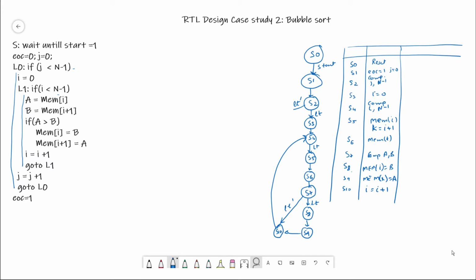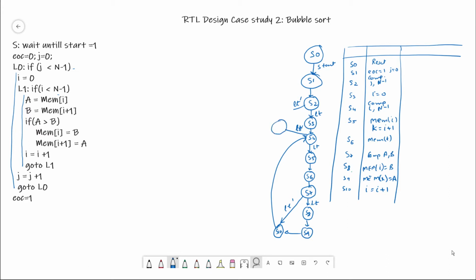Great. So the next thing is S10 to S4. This we have to still do. So that means if it is less than, we are going here, and if it is not less than, where shall we go? If in S4 it was not less than, then we have to go to a new state where we are going to compute j equal to j plus 1.